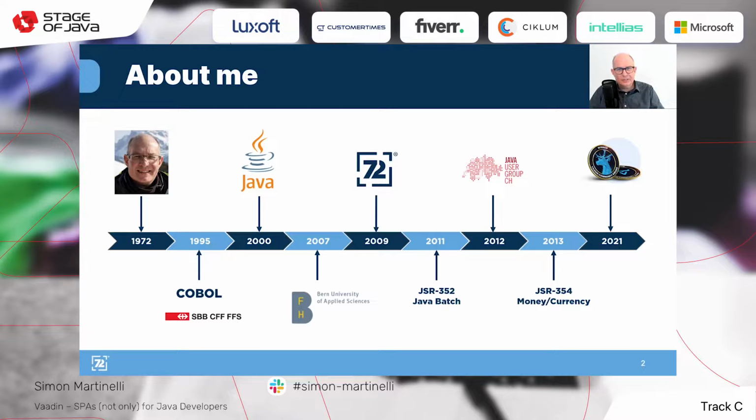I'm also a lecturer at the University of Applied Science in Bern. I'm an active member of the Java community. I'm an expert group member in Java Batch, Money and Currency, and I'm helping organize events in Switzerland for the Java User Group Switzerland. And last year, I received the Vaadin Community Award.